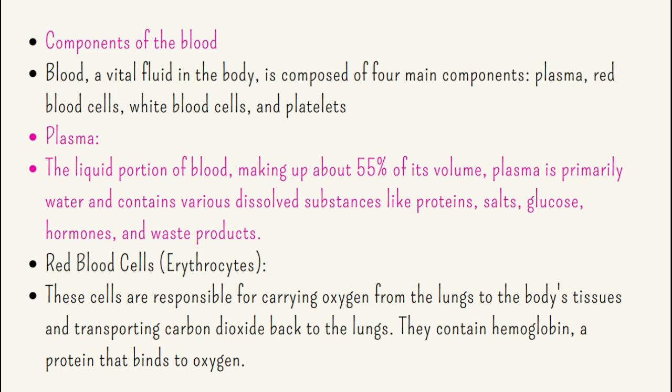But the main thing you should never forget about the plasma is that it is the liquid part of the blood, making up 55% of its volume. So if you ever bleed, maybe you cut your finger and you see the blood, the liquid aspect is its plasma, right?